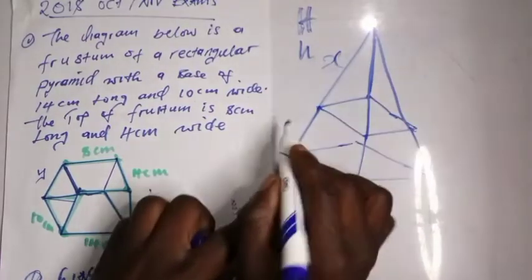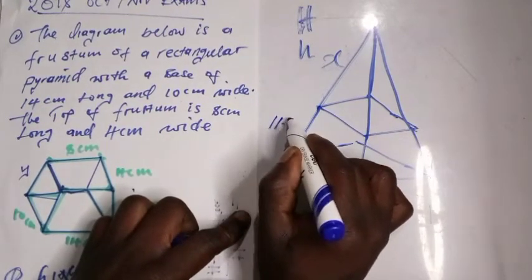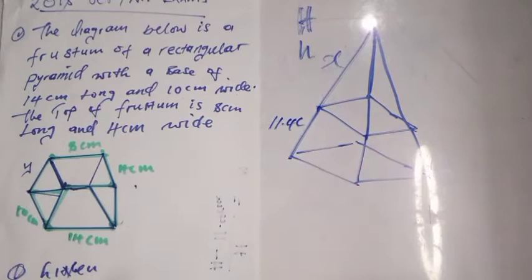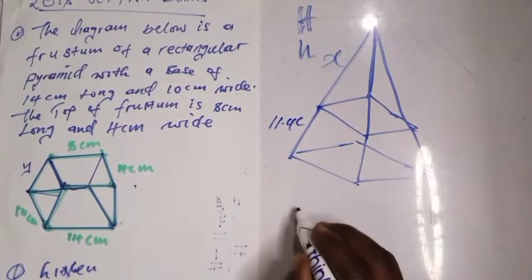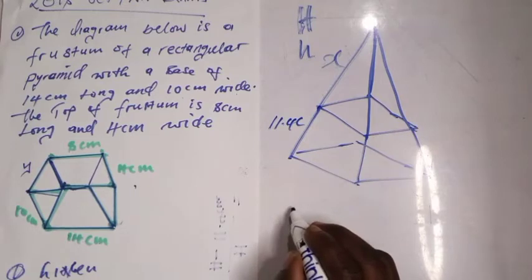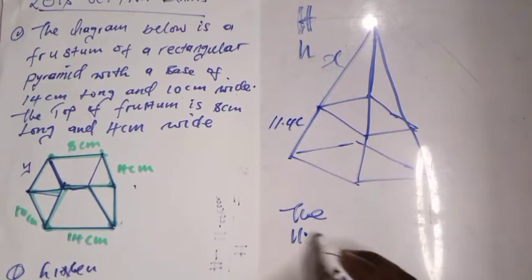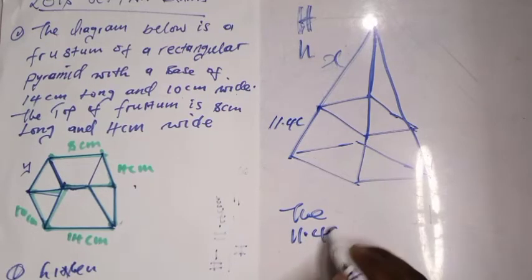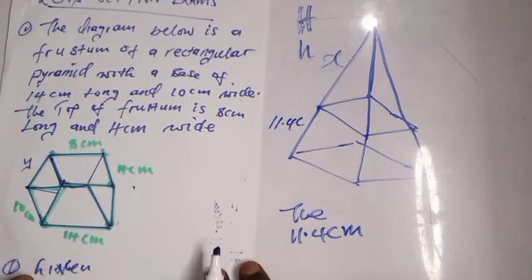Here we have x, then here we have been given 11.4 centimeters, because we are asked to find the volume if the height which was given was 11.4 centimeters. Then let's find the volume now.